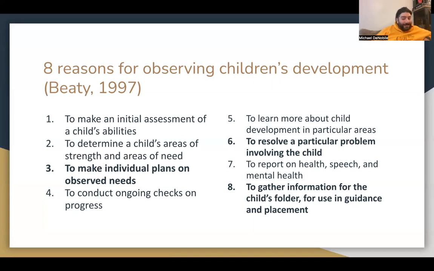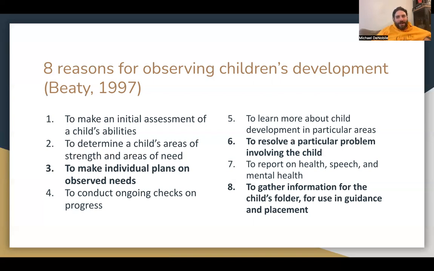Now, that is ideal. What ends up actually happening is you have to find out when the students' IEP reports are due, and you have to schedule your observations around those deadlines.